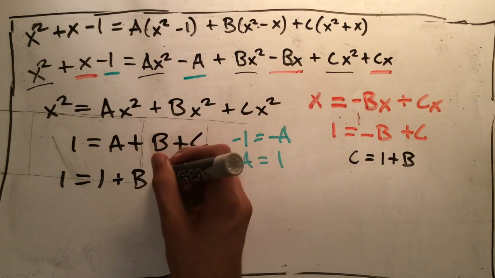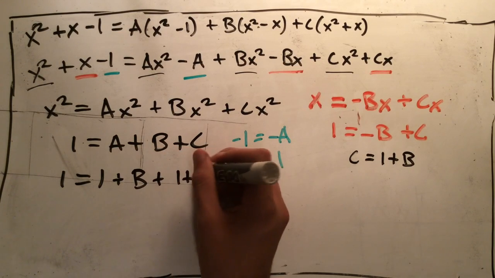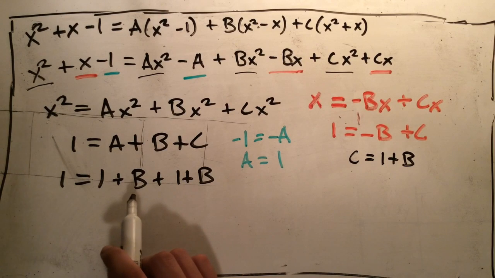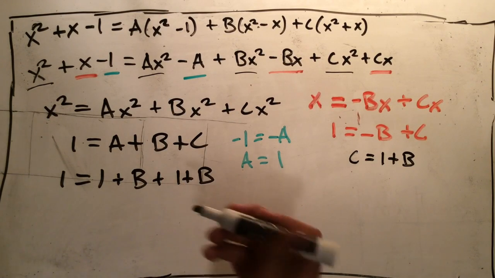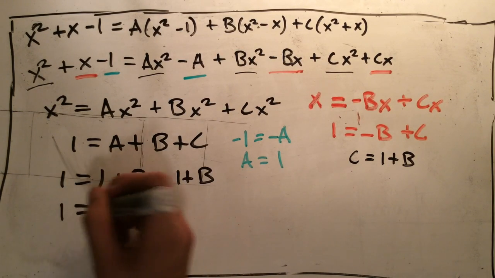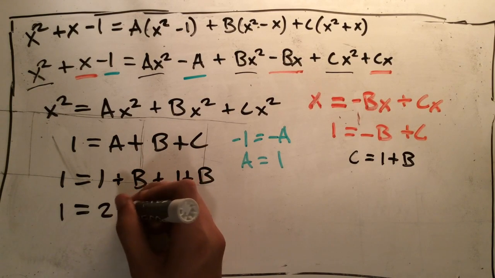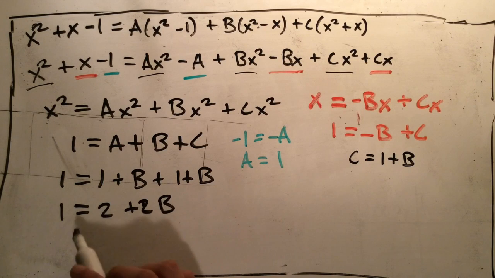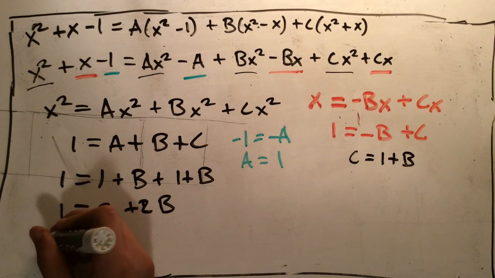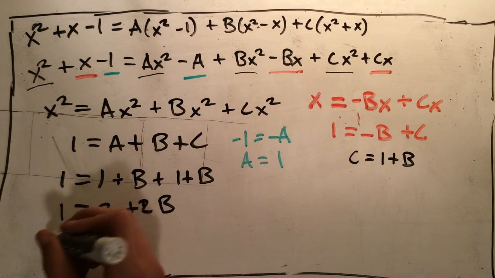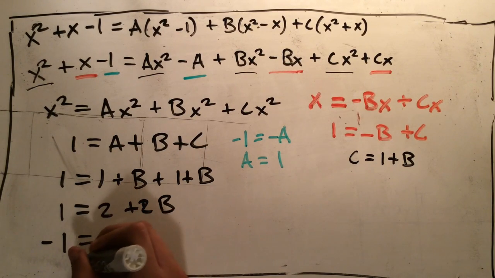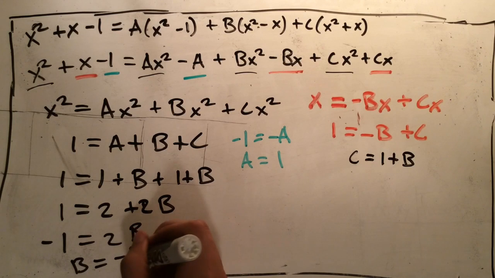So it would be 1 equals 1 plus, and then plus 1 plus b, right there. And we combine the 1's and combine the b's, we'll have 1 equals 2 plus 2b, and then subtract 2 on both sides, so we'll have negative 1 equals 2b, so b would equal negative 1/2.